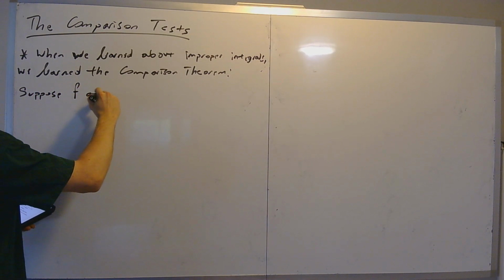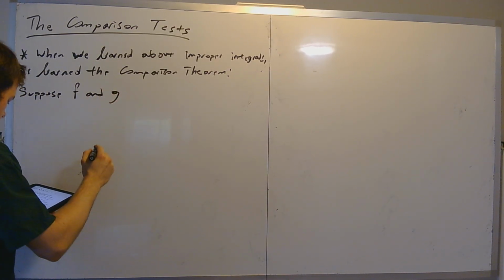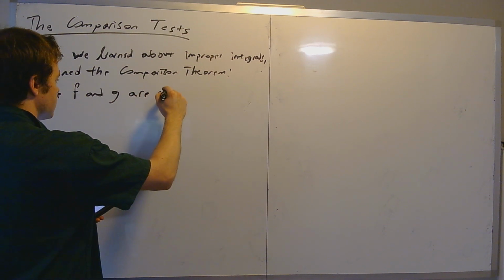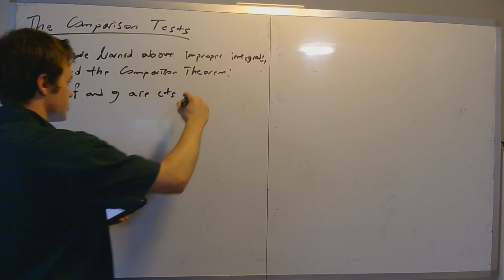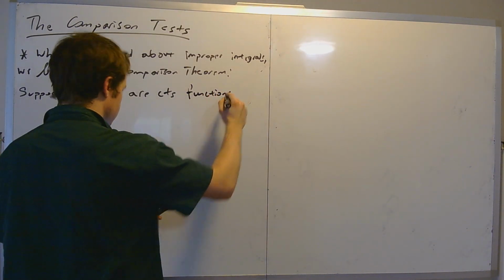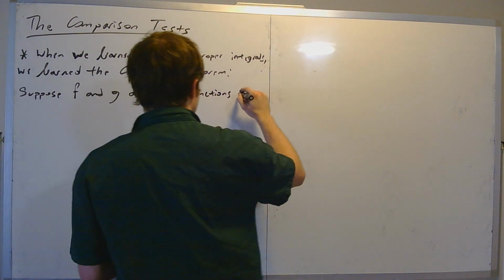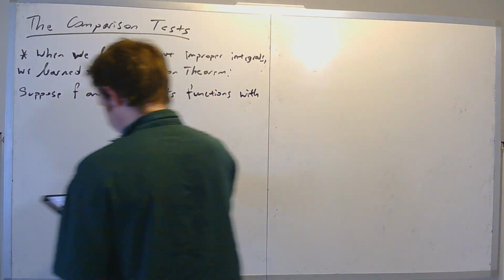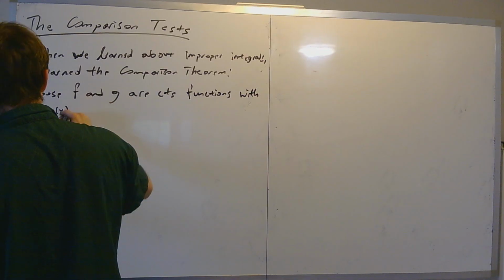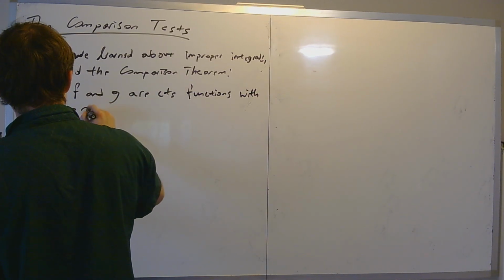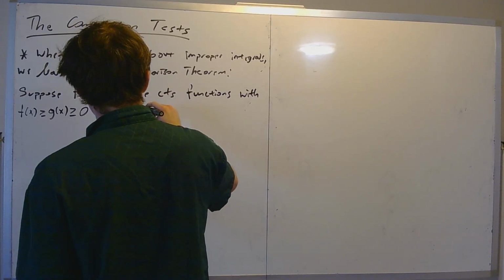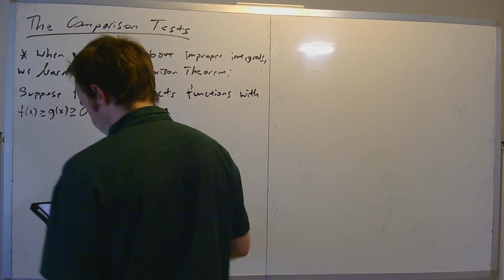f and g are continuous functions with f of x is greater than or equal to g of x is greater than or equal to 0 for all x greater than or equal to a.